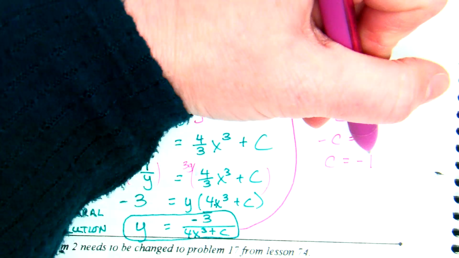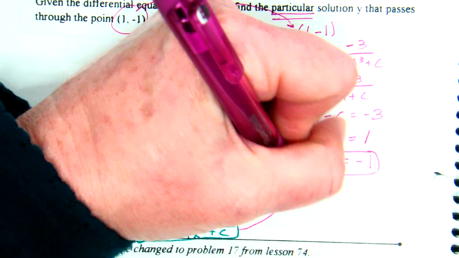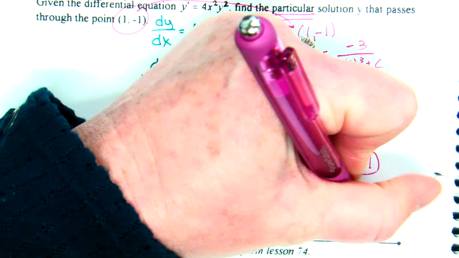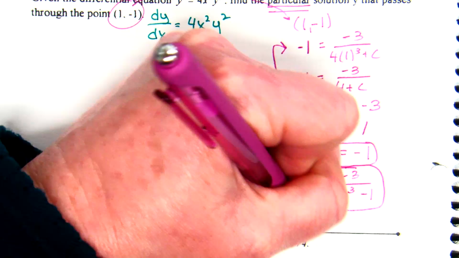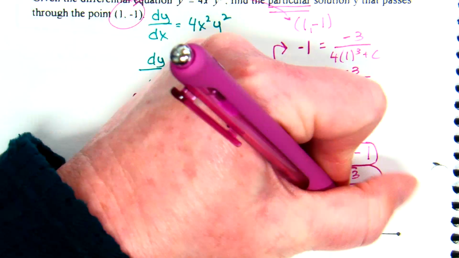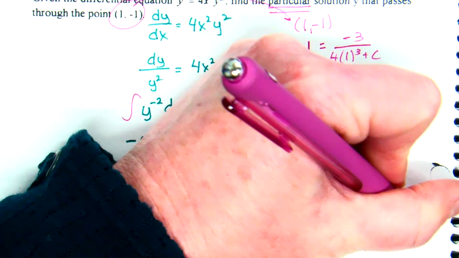Put that in your solution, and we're now at y equals -3 over 4x cubed minus 1. And this, of course, is your particular solution.